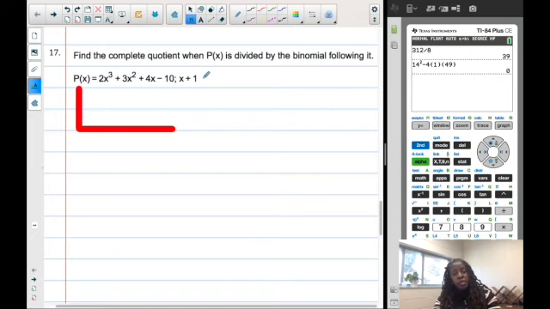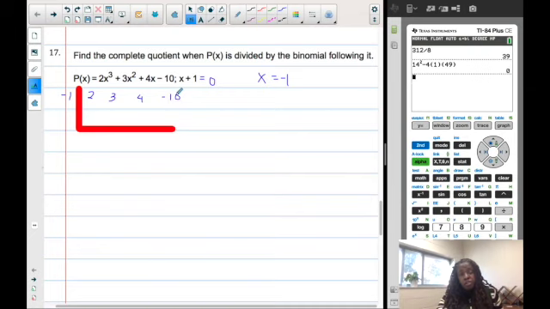We set the binomial equal to 0, and we find out that our 0 is -1. This is what we would call our k value when we use the remainder and factor theorems. So we're going to take that -1 and put it right here. And then we write out all the coefficients in descending order: 2, 3, 4, and -10.